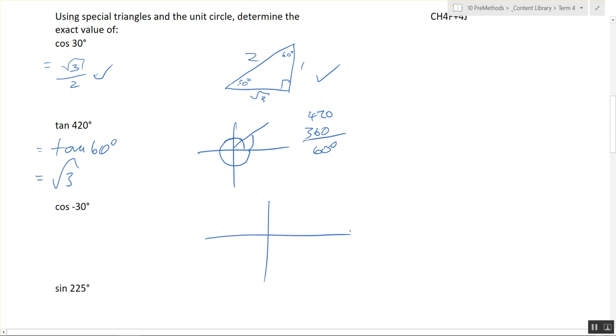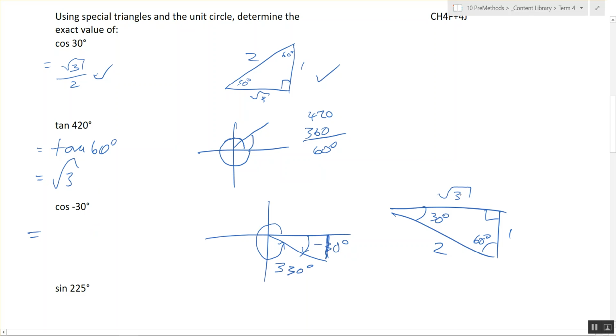So we're bringing in negatives. Some of you guys struggled with this. So we're going back 30 degrees. Okay? So, yep. But we have a negative 30. So there's a couple of ways of understanding this. You could use the all stations to central. Is it positive or negative? Positive.